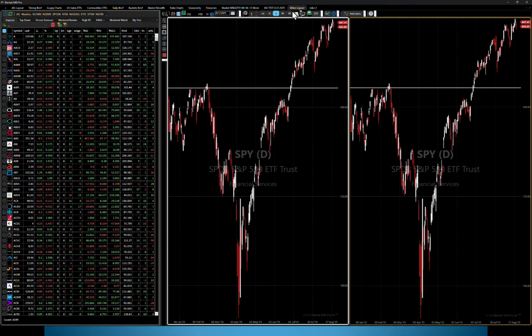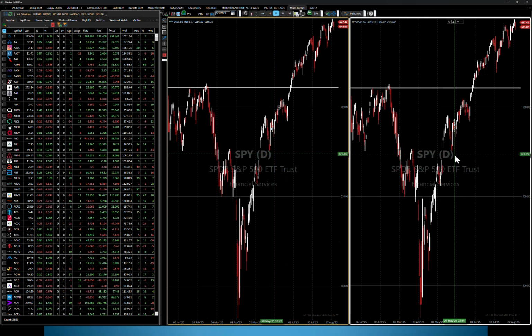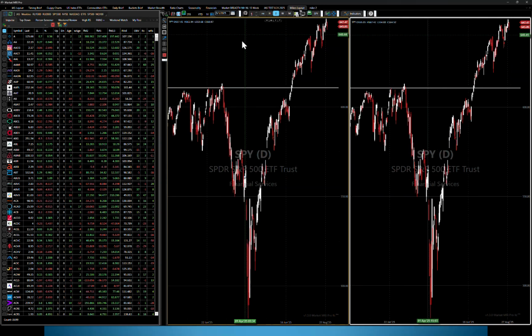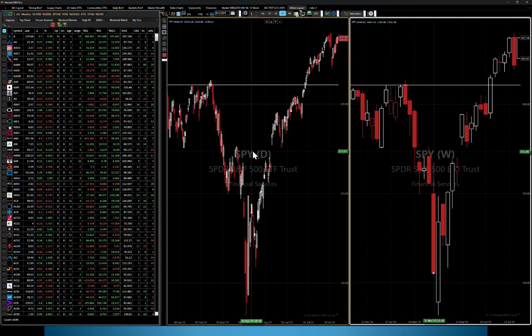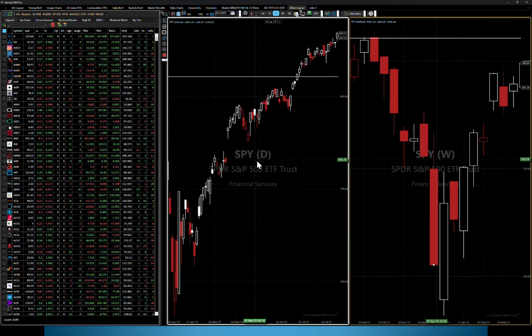And so now sitting up here, Mike's got his layout with his list on the left, his stocks here. Maybe Mike likes daily on the left, weekly on the right. So I got that set up that way. And then if I click that thing, I can have different amounts of days on each one.